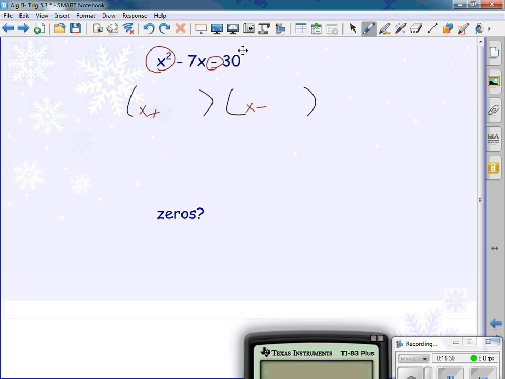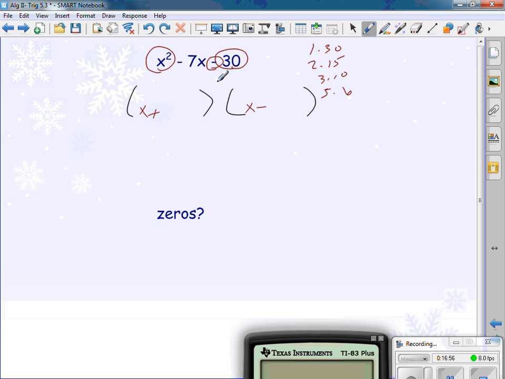Now, don't just randomly shout out the factors. You got to start getting to the habit of putting them in order. It helps you out. What's the lowest factor? 1 and 30. 2 and 15. 3 and 10. 5 and 6.